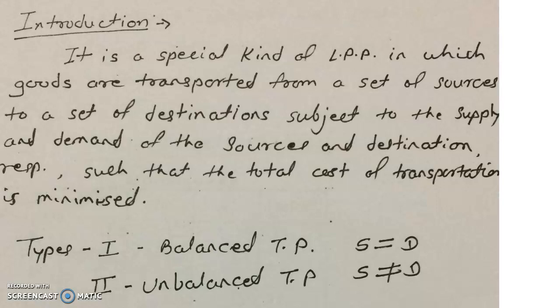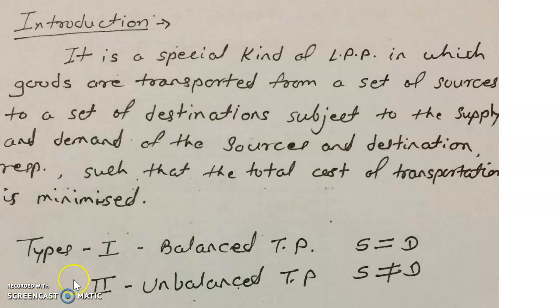Transportation problem is a special kind of linear programming problem in which goods are transported from a set of sources to a set of destinations subject to the supply and demand of the sources and destinations respectively, such that the total cost of transportation is minimized. Generally, there are two types. The first type is balanced transportation problem, where supply is equal to demand.